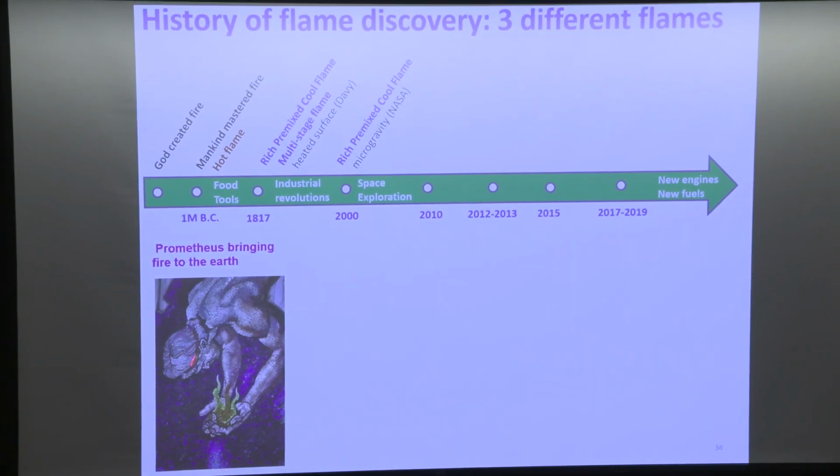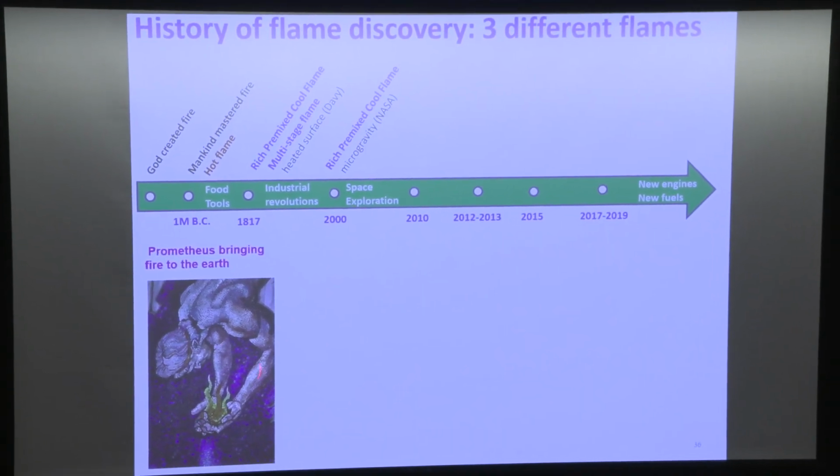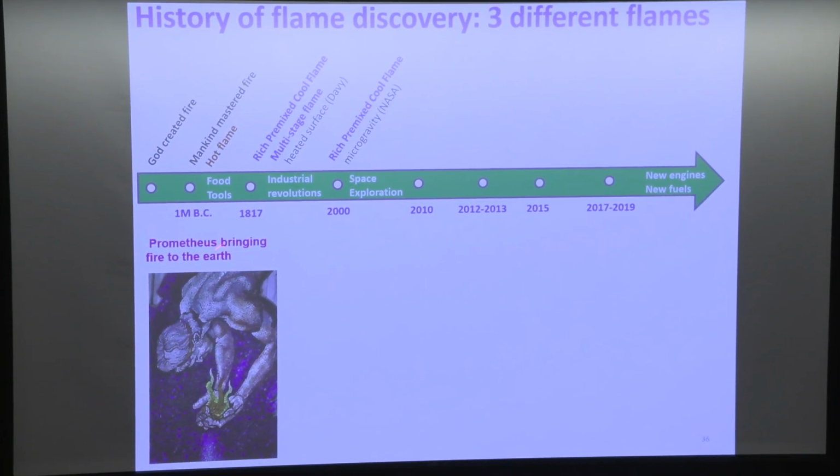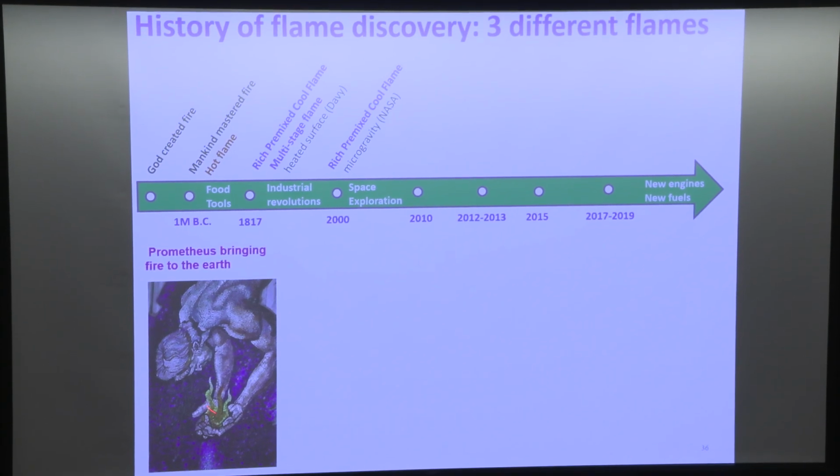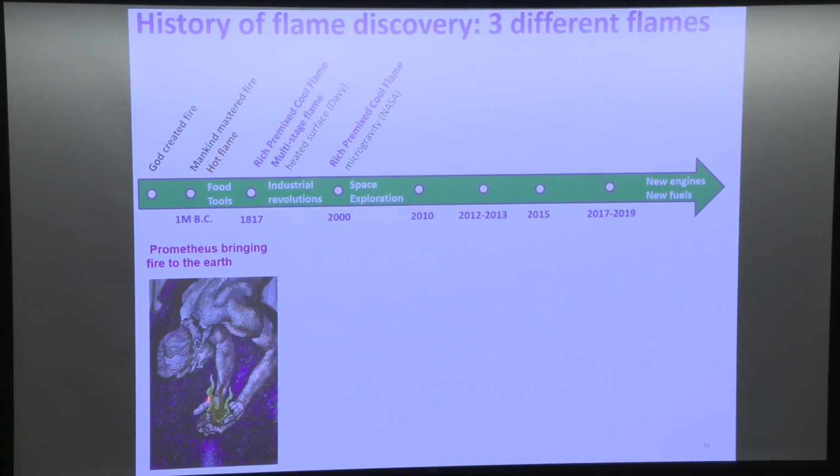I always show this good picture of the god bringing fire to earth, and the artist plotted this figure with flames of different colors: red, yellow, orange and white, and I didn't understand why. Today it has become very clear that cool flames were first discovered by Davy 200 years ago.